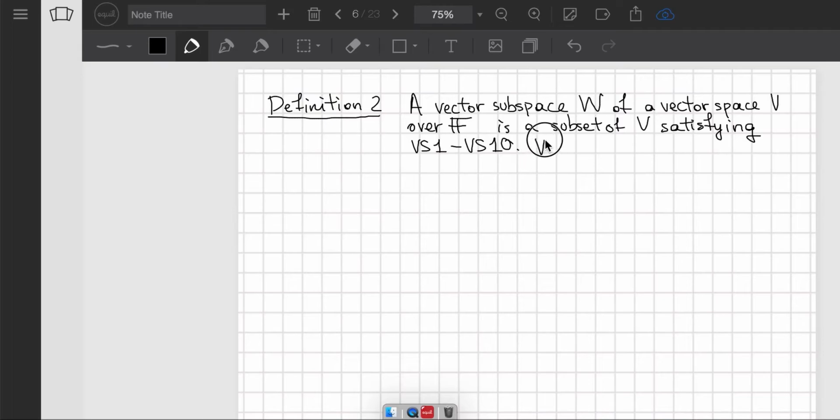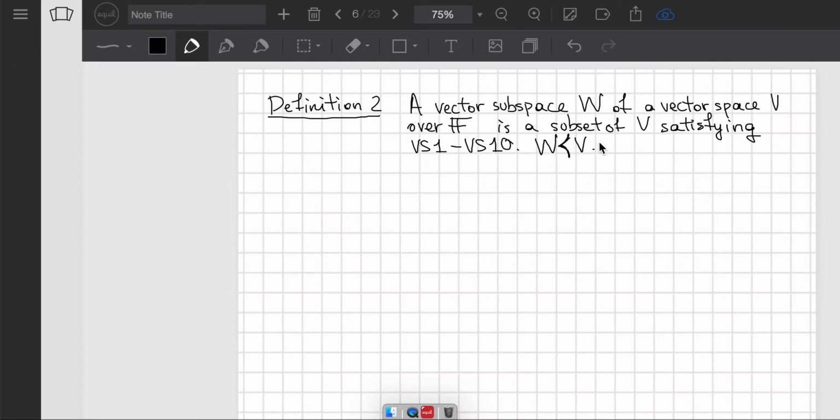Okay, and we say that W is a subspace of V using this symbol right here. It's very similar to the greater than or smaller than sign, but it's supposed to be a bit more curved, like exactly like that, more or less.